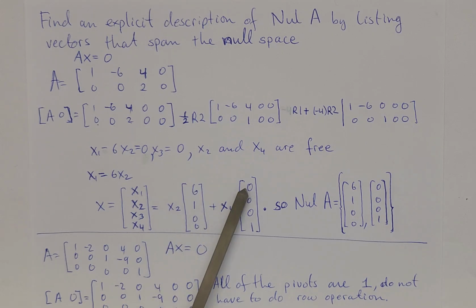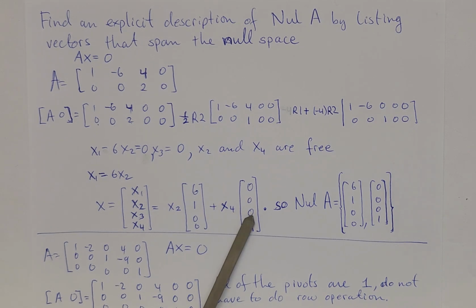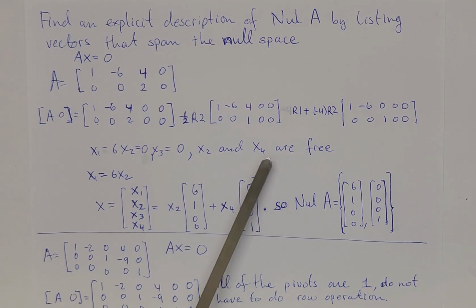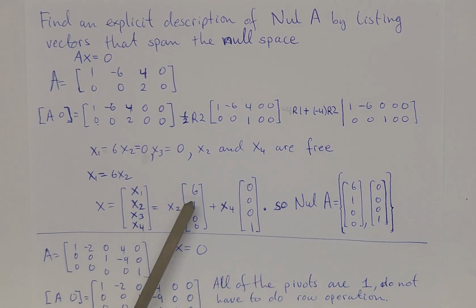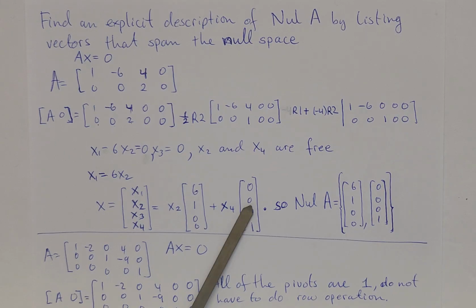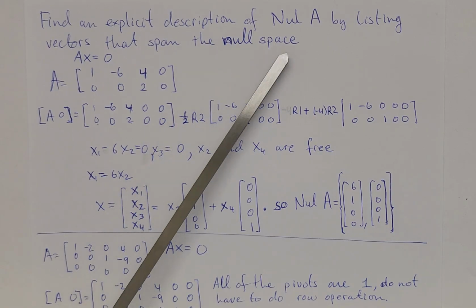Where does the 1 come from? Because it's free. So these two vectors of x are what we are looking for that span the null space.